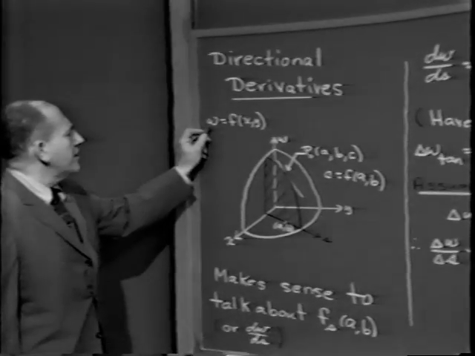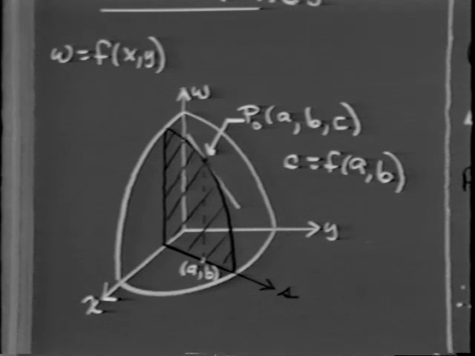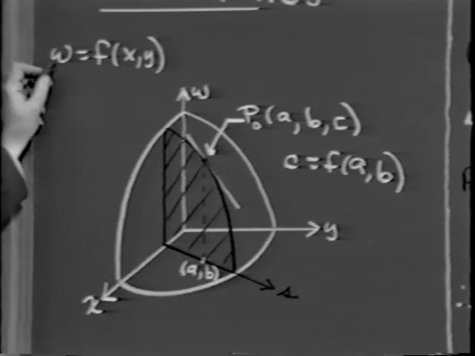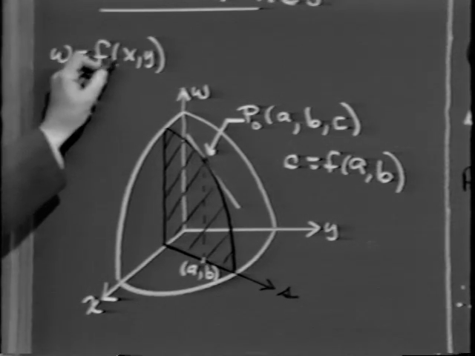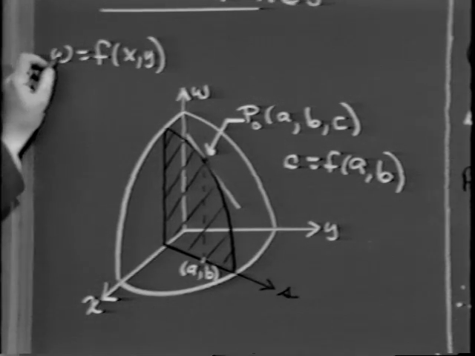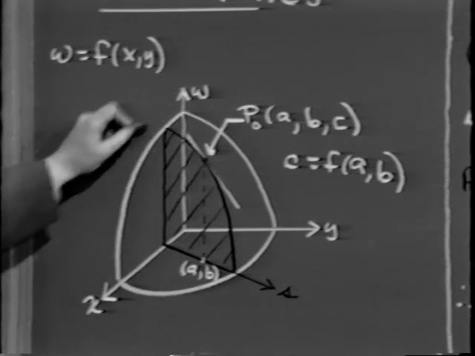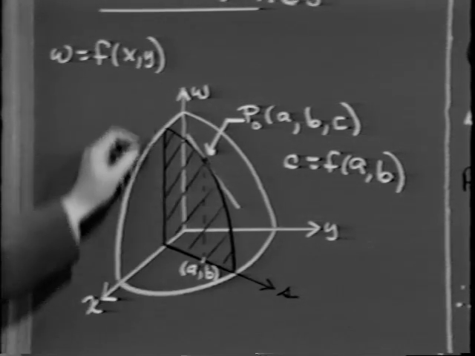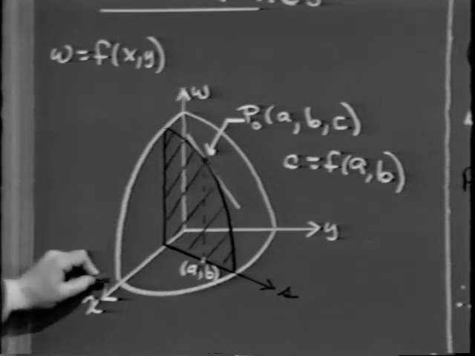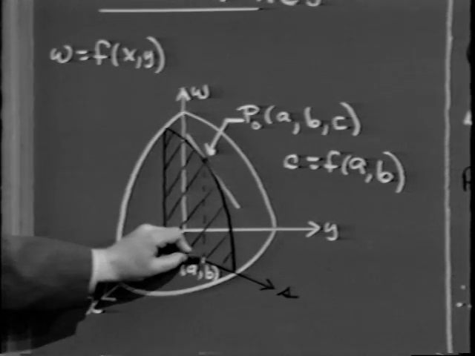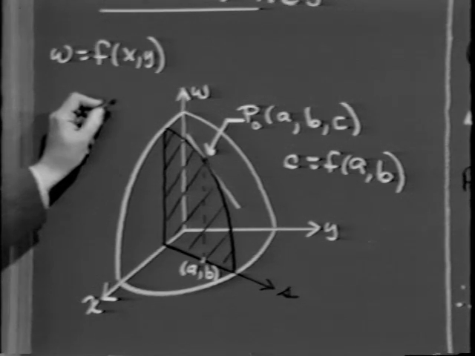Let's suppose I'm given that w is a function of the 2 independent variables x and y. And I have that w is therefore some function of x and y. And I can now talk about the graph of w, which we assume is some surface, okay? And I've drawn it in this particular way. I take some point a comma b in the xy plane on which f is defined.